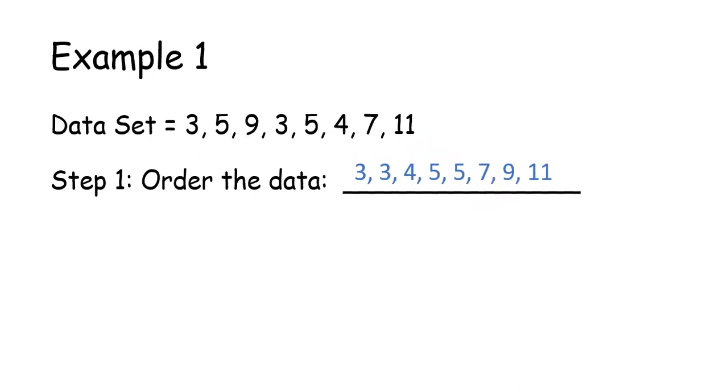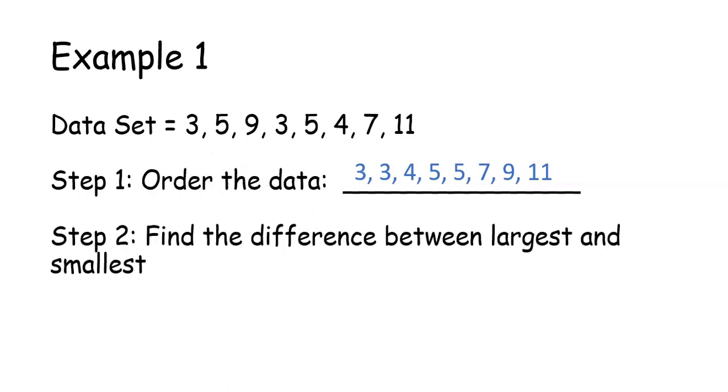And step 2. Find the difference between the largest and the smallest. So your largest is 11. Smallest is 3. 11 minus 3 equals 8. So your range is 8.